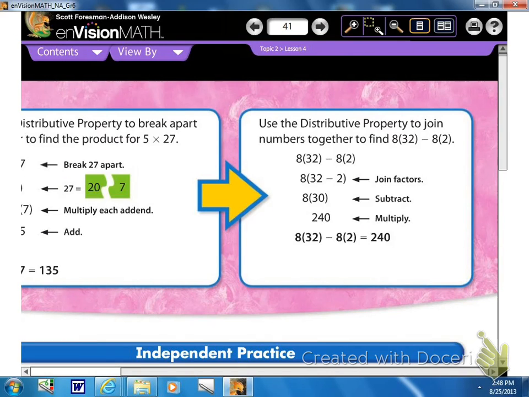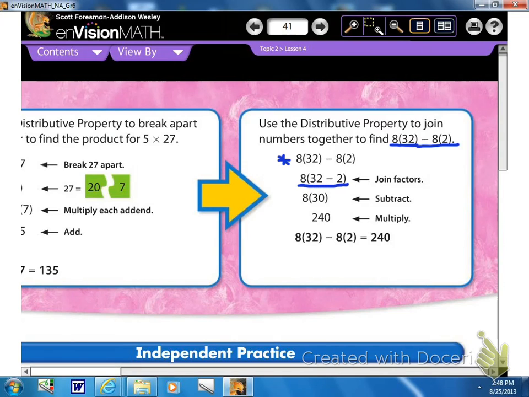Okay, the other example at the top of page 41 uses the distributive property to join numbers together and to find a difference. And here it's 8 times 32 minus 8 times 2. So they have it written here, 8 times 32 minus 8 times 2. Well, we can write it this way.